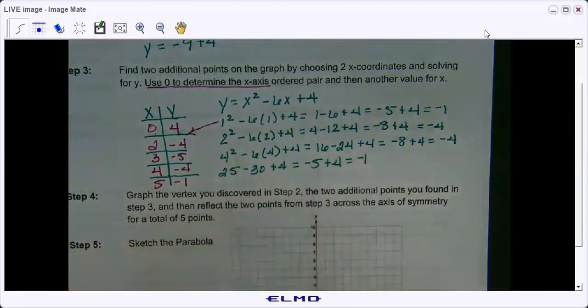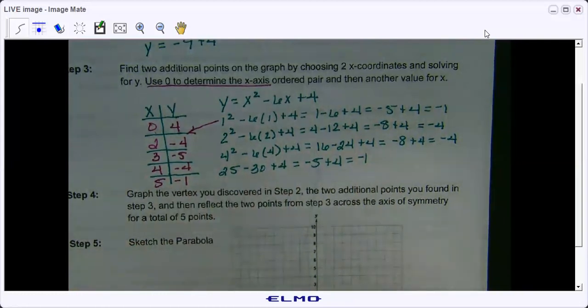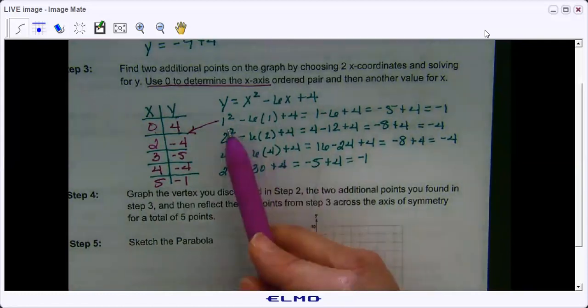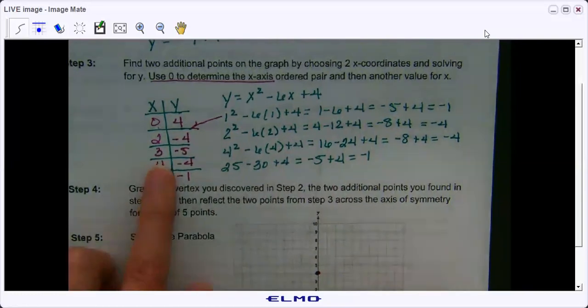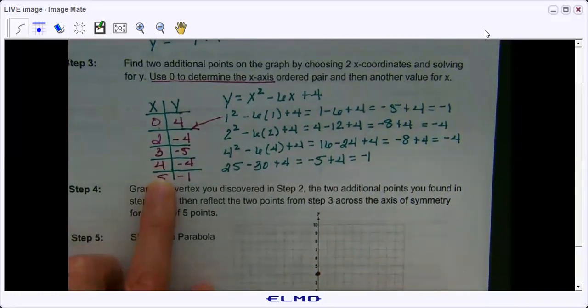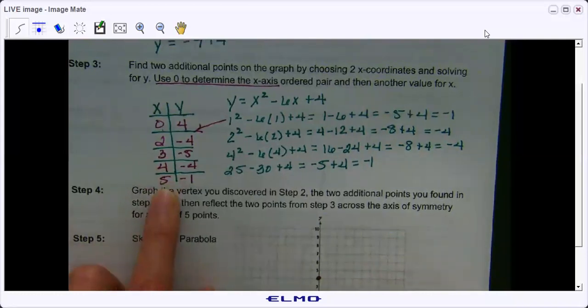Okay. All right, so let's plot these points. We have (0, 4), (2, -4). I also figured out 1. So if x is 1, it's -1. And then (3, -5), (4, -4), (5, -1).